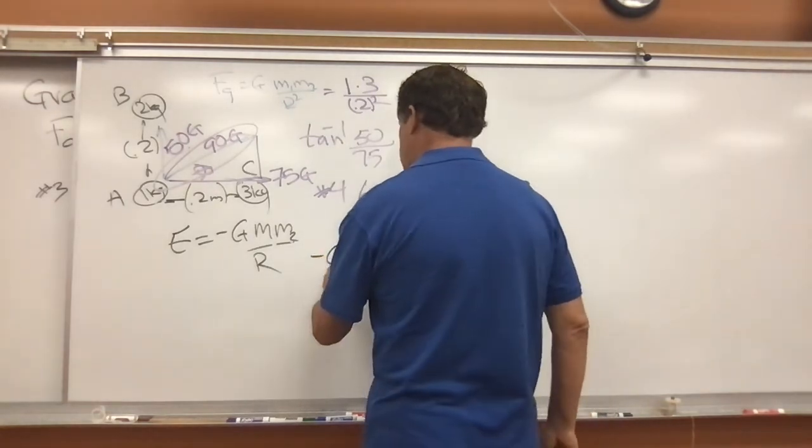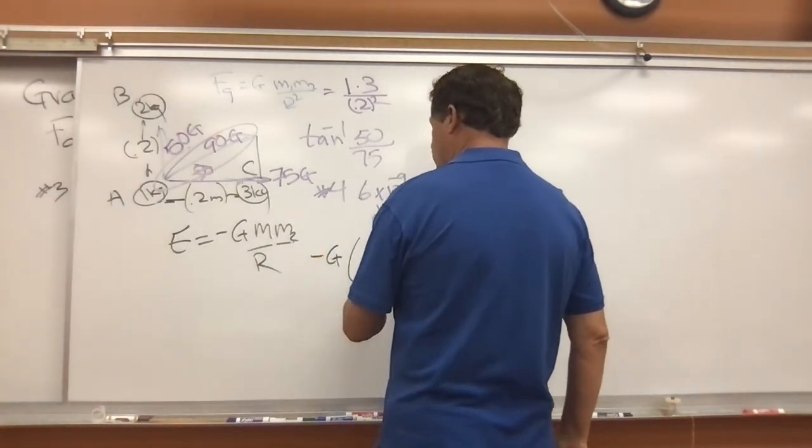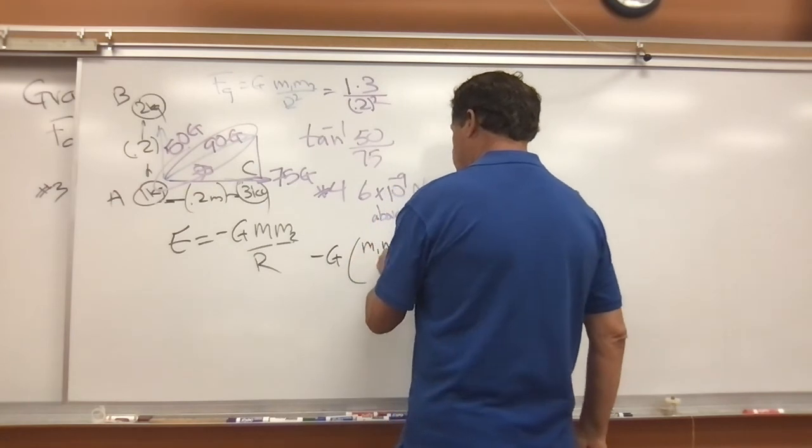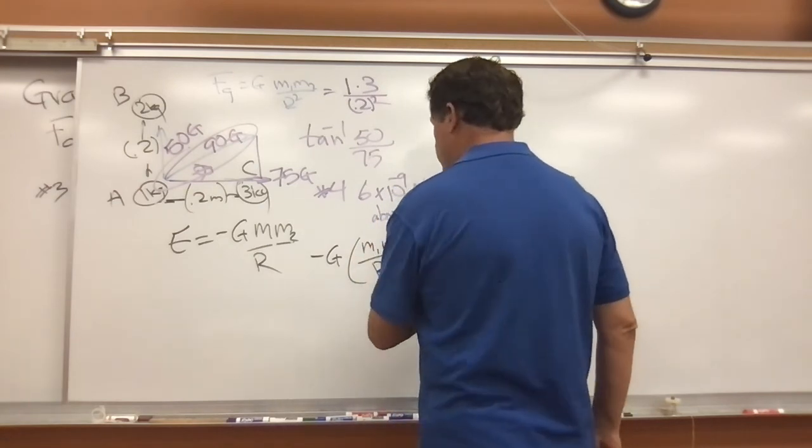So we're going to have negative G, and this is going to be m1 m2 over r12, okay?